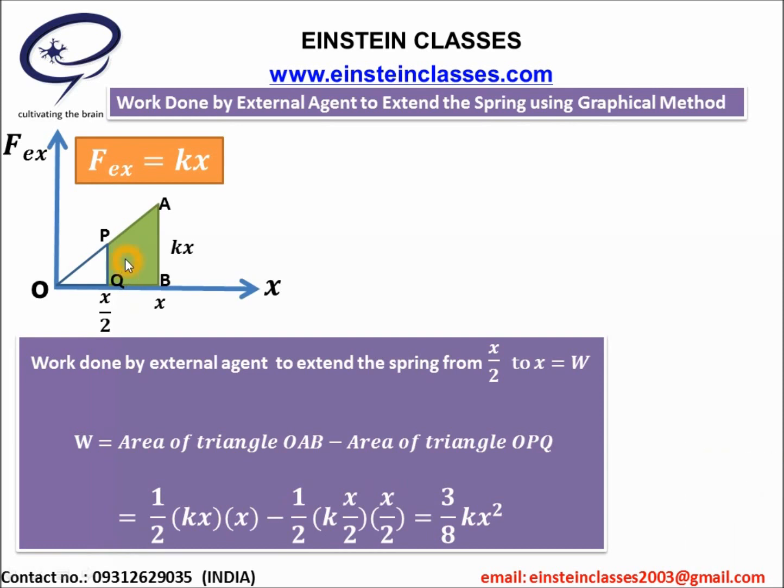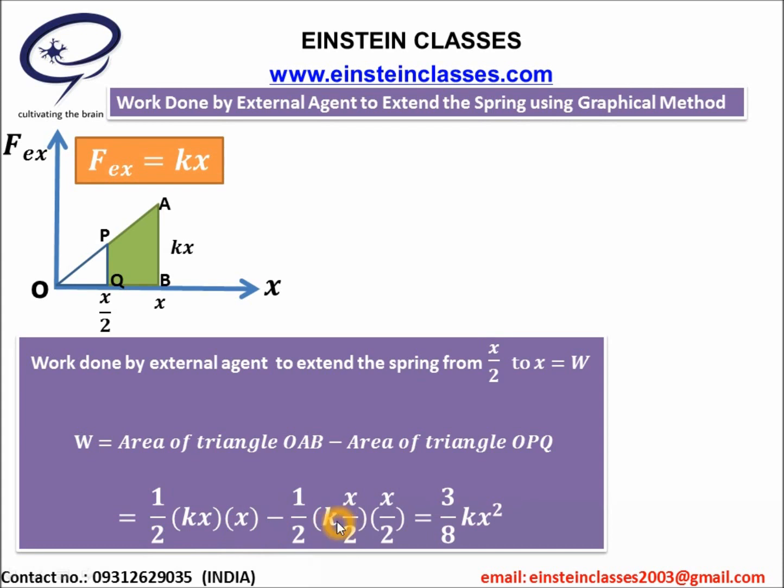The area of this figure is given by area of the triangle OAB minus area of the triangle OPQ. The area of the triangle OAB is half AB into OB, hence half kx into x, minus the area of the triangle OPQ.